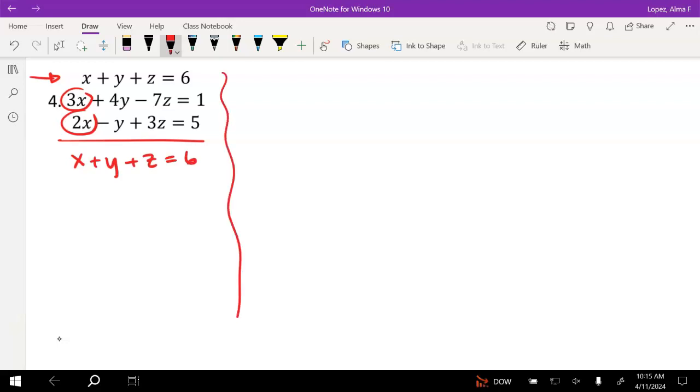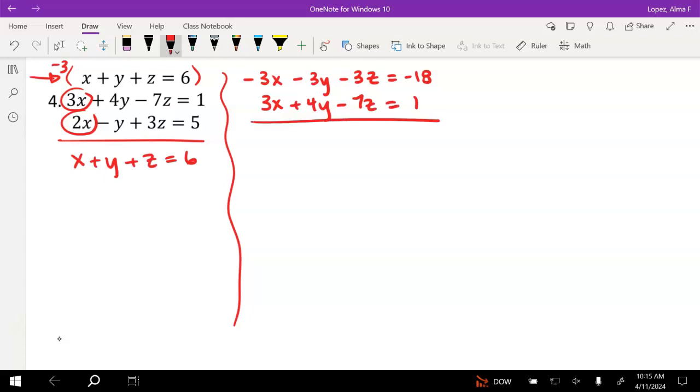Now I'm going to multiply my pivot by a negative 3 to eliminate the x's in the second row. The pivot multiplied by negative 3 is going to look like negative 3x minus 3y minus 3z equals negative 18. The second equation didn't require any changes, so I'm going to just bring it over, and then I'm going to add them together.